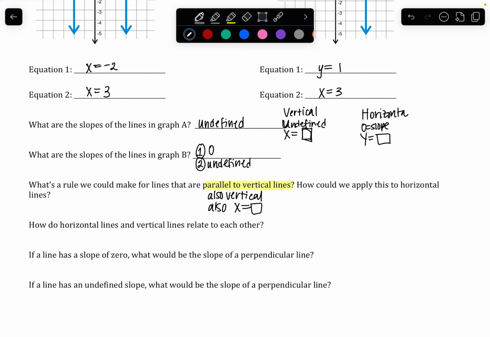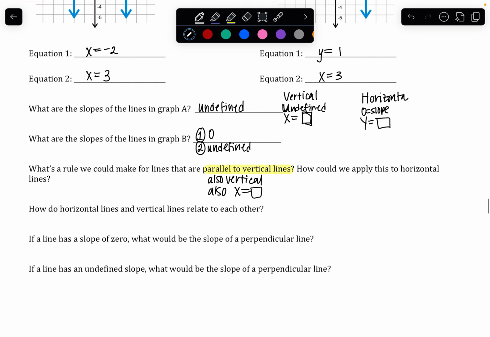It will also have an x equals equation. And for horizontal lines, it will also be horizontal, also a y equals equation, an undefined slope for vertical, and zero slope for horizontal.